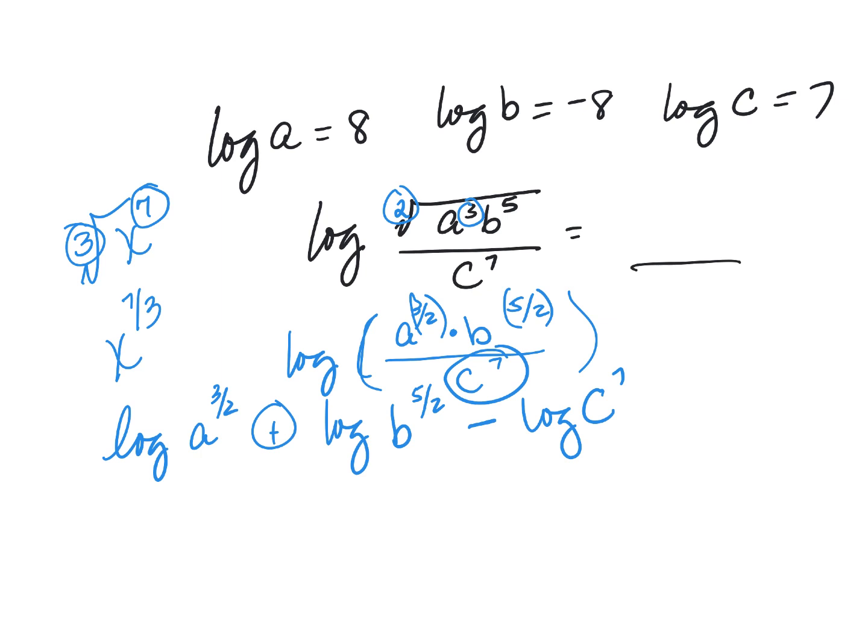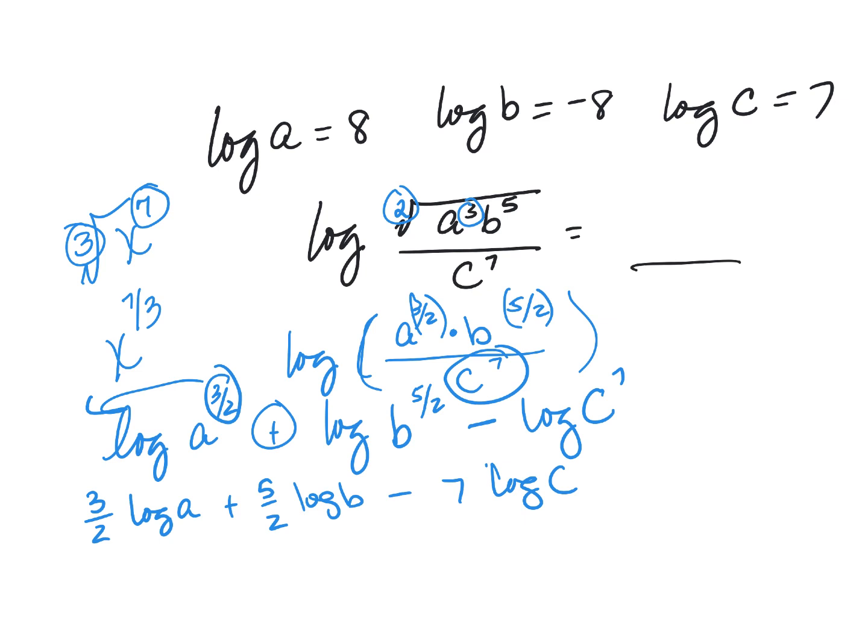Now you remember the exponent rule says that if you have an exponent, you can put it in the front. So it's 3 halves log a plus 5 halves log b minus 7 log c.